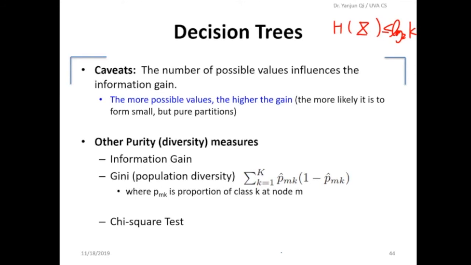It always has a preference for features with a lot of possible values.